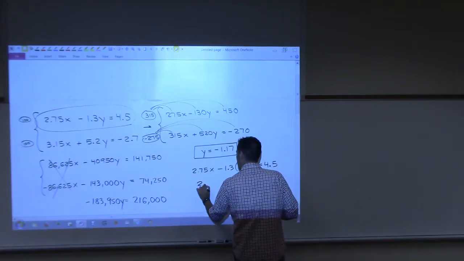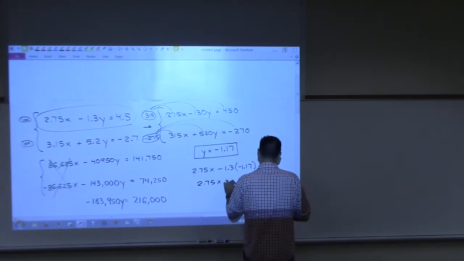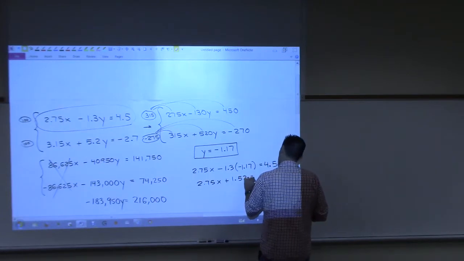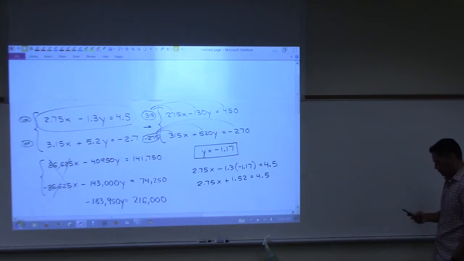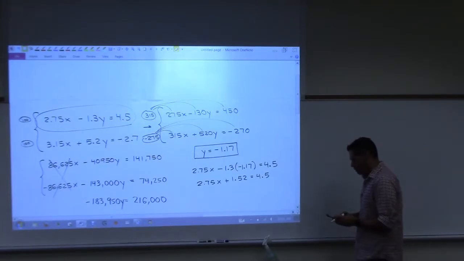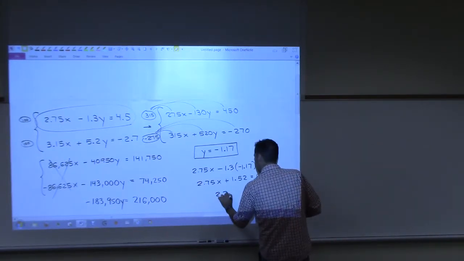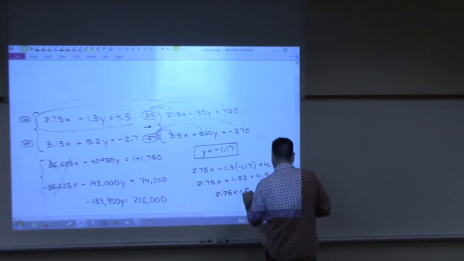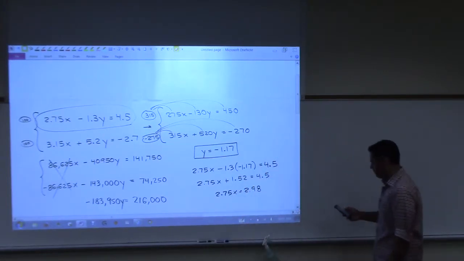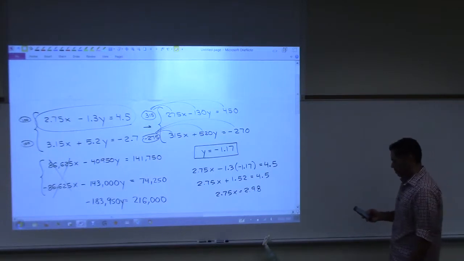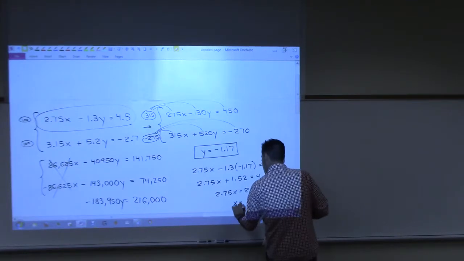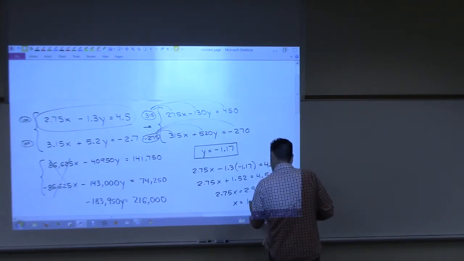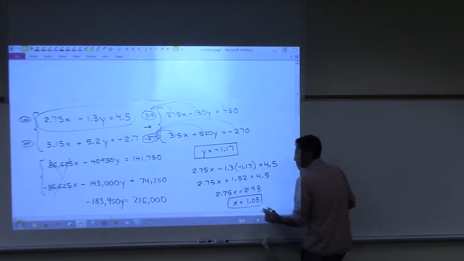Getting 2.75x plus 1.52 equals 4.5. I'm subtracting 1.52 from both sides, right? So 2.75x equals 2.98, and then I divide. 1.08. We found x and y.